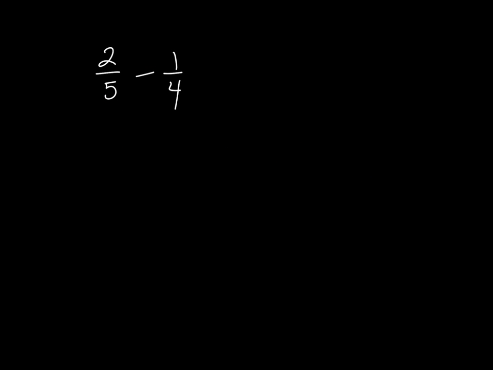Okay, 5 and 4 have no common factors. So anytime you have denominators with no common factors, to get the common denominator, you're just going to have to multiply them together. So our common denominator here will be 20. And then of course to get 20, I do 5 times 4. So we do 2 times 4 to get 8.